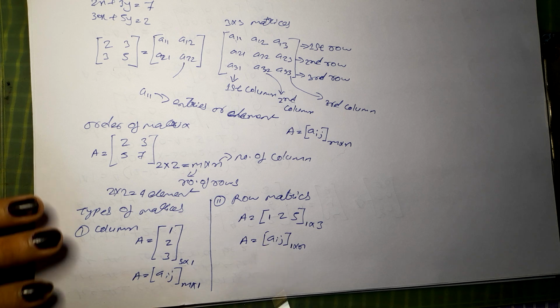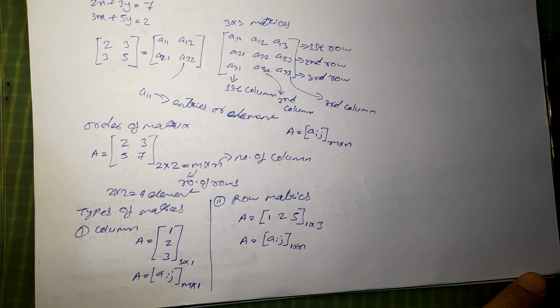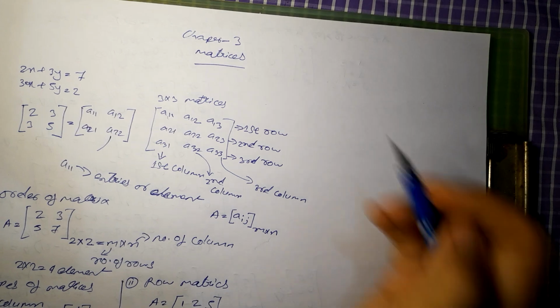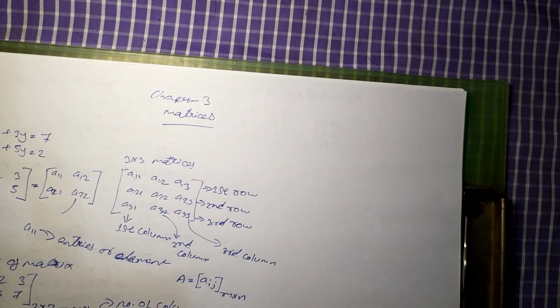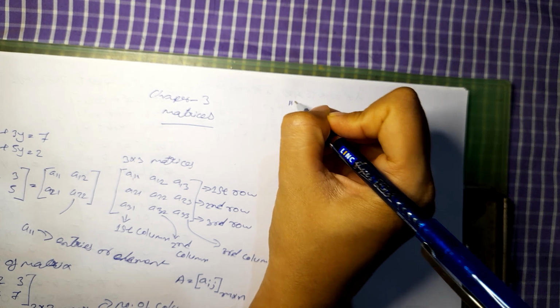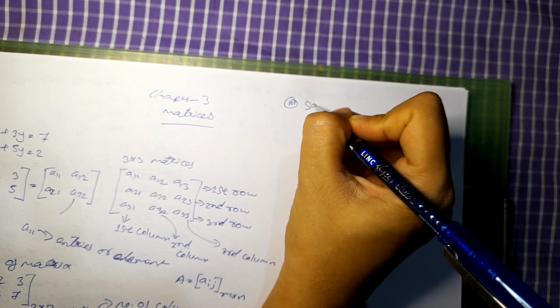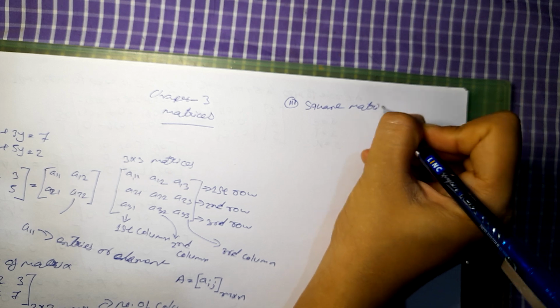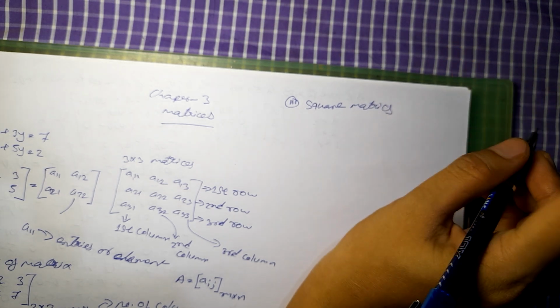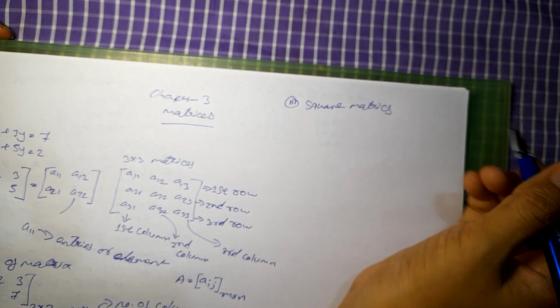After that, the square matrix. When the number of rows and the number of columns become equal, that is a square matrix.